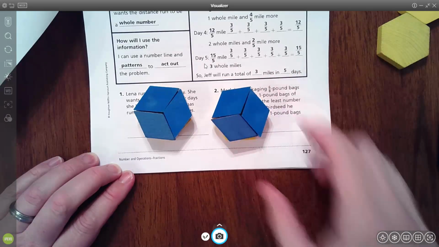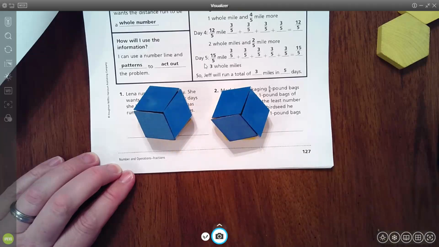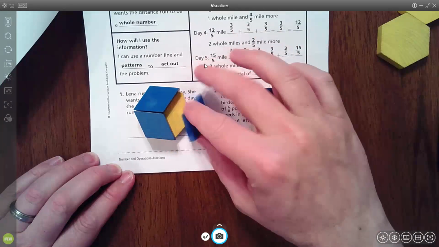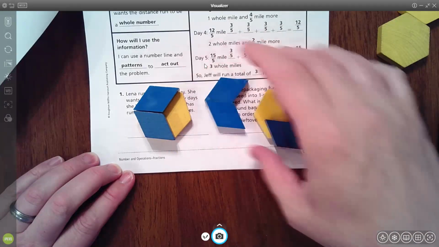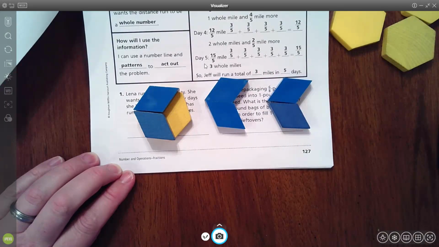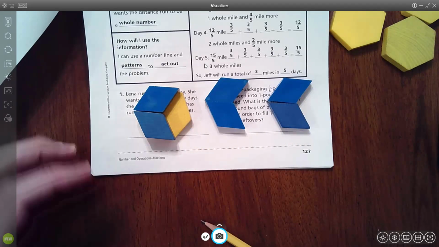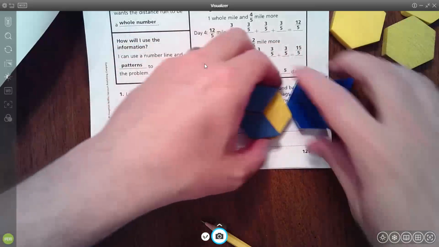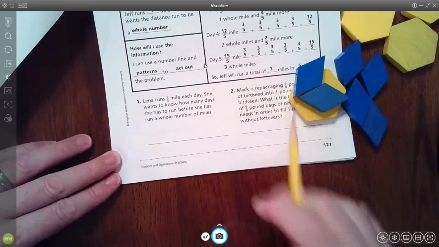So there we go. Now she's run 2 full miles, and let's see how many days that took her, right? She goes 2/3, 2/3, 2/3. So 1 day, 2 days, 3 days it will take her to run a whole number of miles, which will be 2 miles. So 2/3, 2/3, and 2/3.